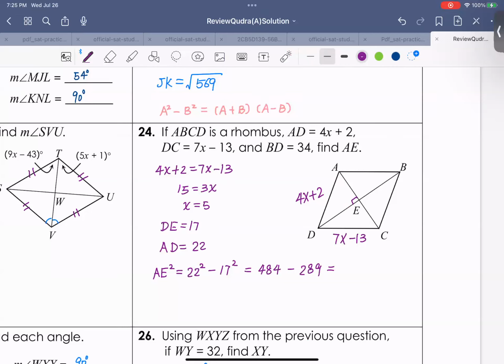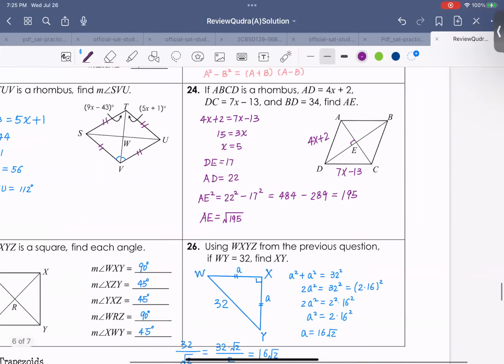The difference is 195, so AE is the square root of 195. Okay, that makes sense now. Thank you, that's pretty good.